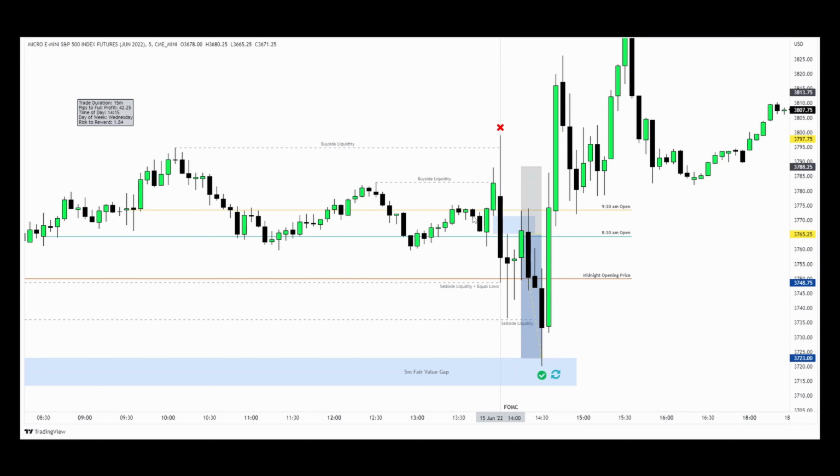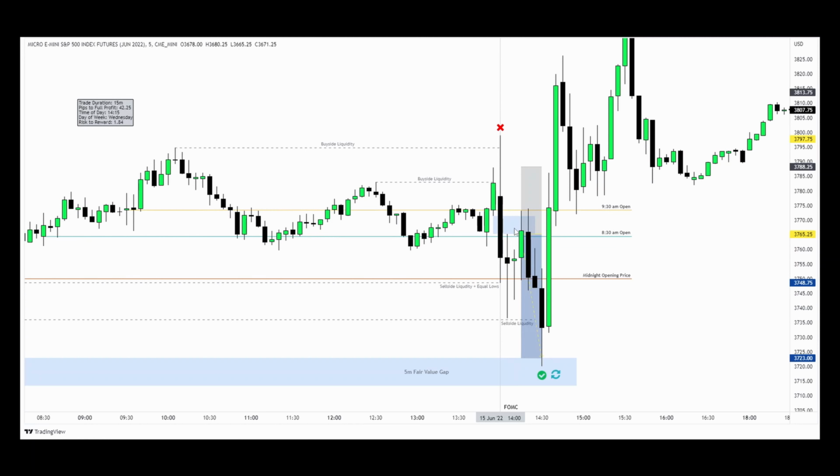So first, the market is raiding those buy stops here and here. Then it's declining lower, taking out those relative equal lows, creates this fair value gap in here, and this becomes our first potential trading setup.